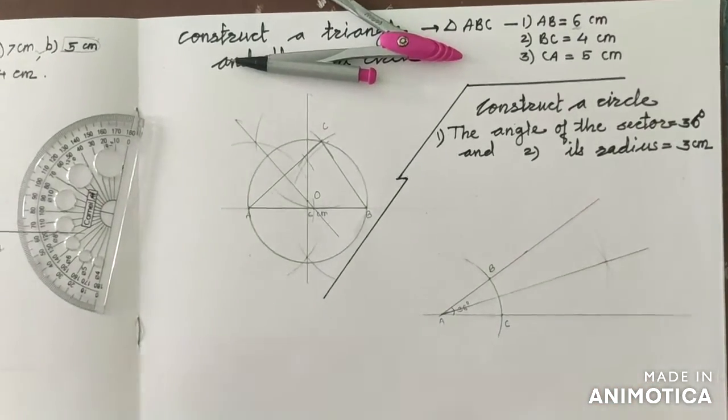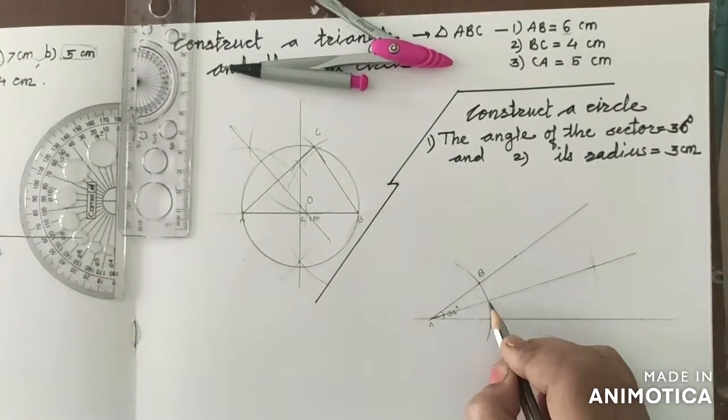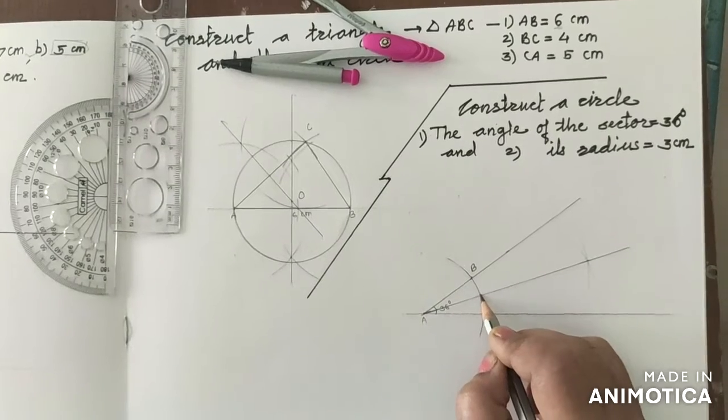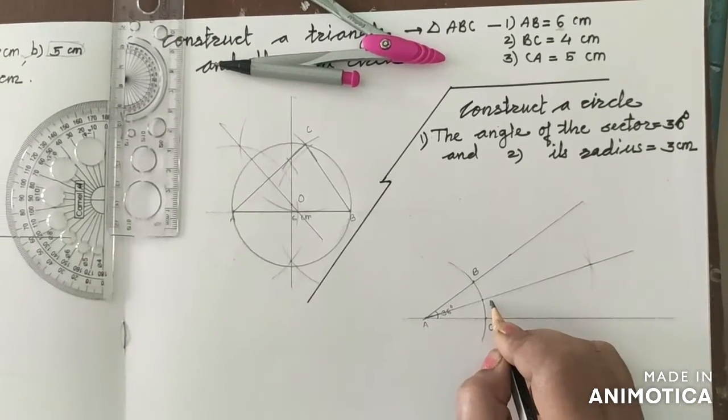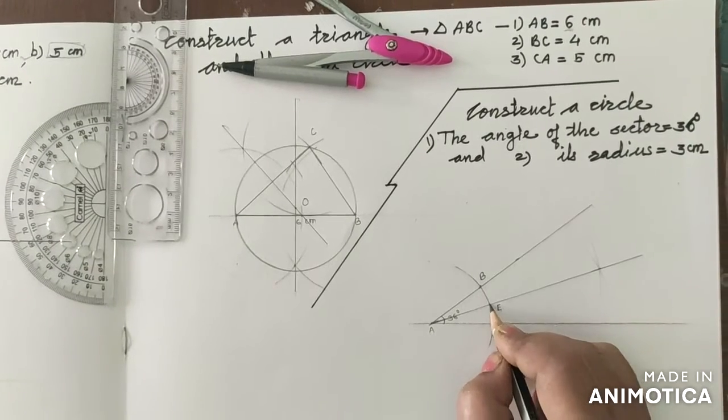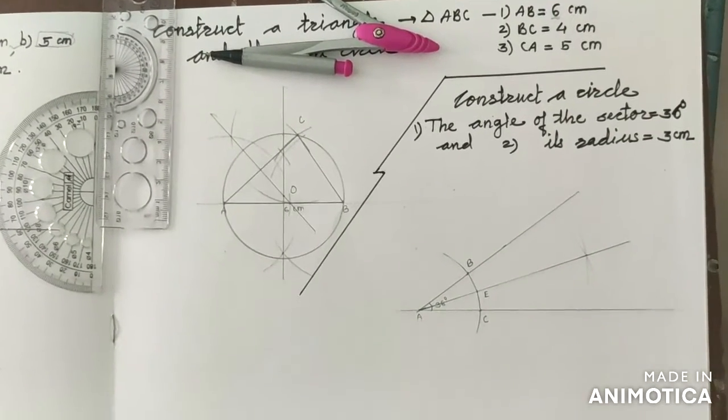Now we get the E point here, the cross point, in this way.